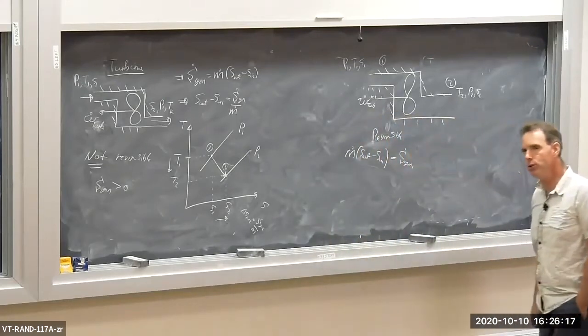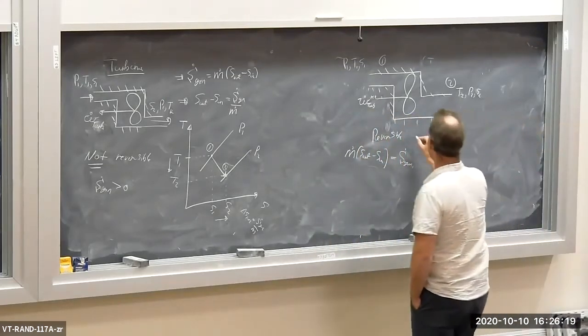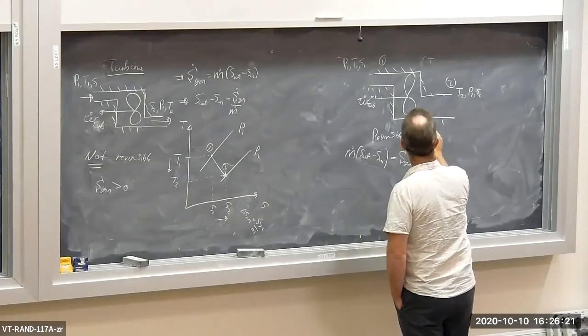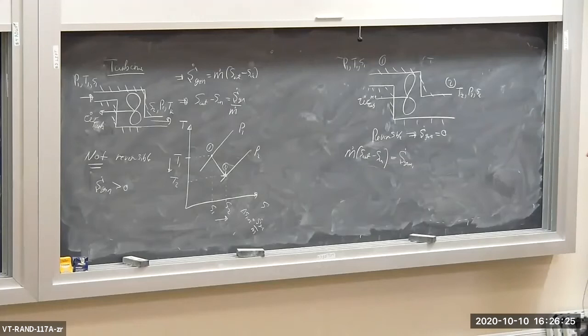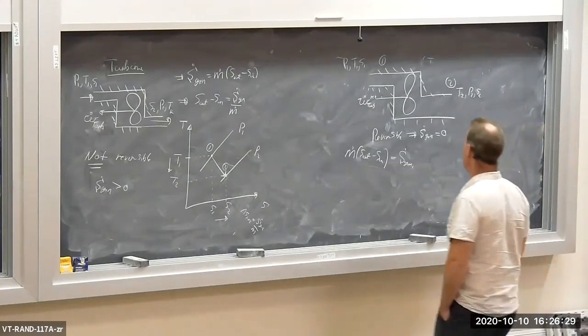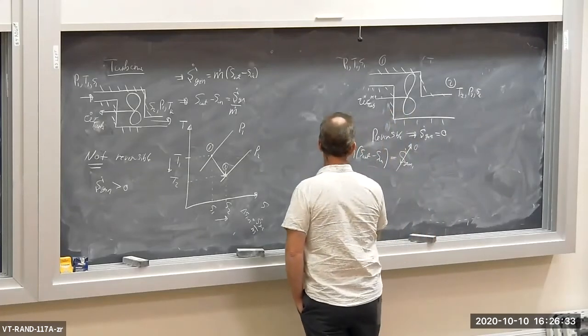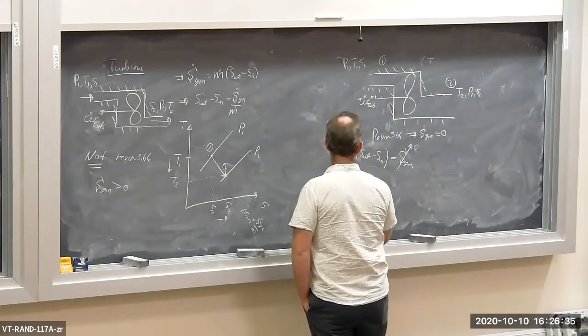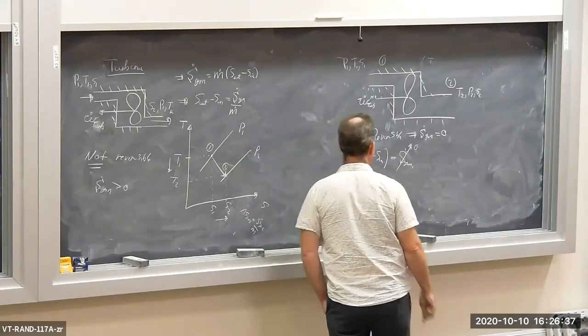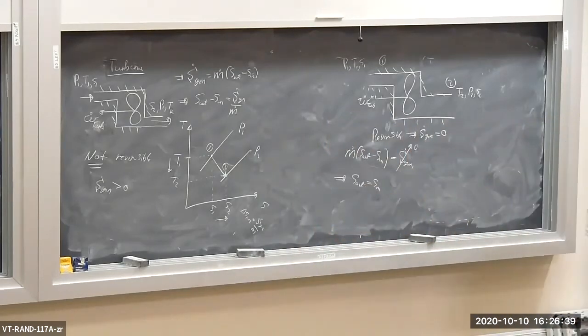Now, if it's reversible, that means no entropy generation, so S dot gen is equal to 0 if it's reversible. So this implies S out equals S in, or S2 is equal to S1.